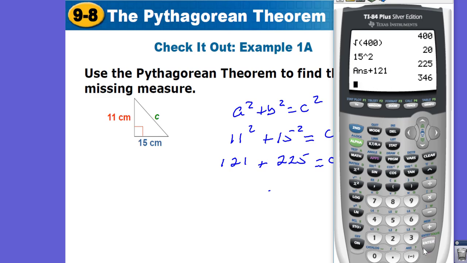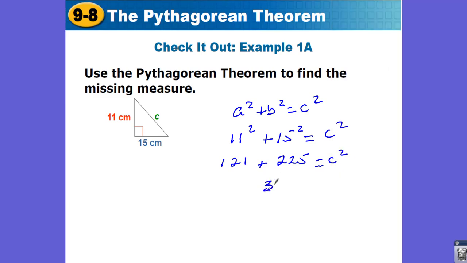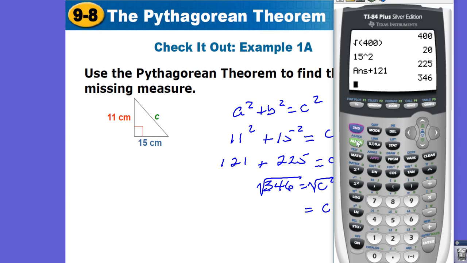We add them together, and we end up with 346 is equal to c squared. Now again, I don't want c squared, I just want c. So I take the square root of it, and I end up with c being approximately. We could actually put the squiggly equals there. So we do second square root, 3, 4, 6, close parenthesis, enter. I end up with 18.6.